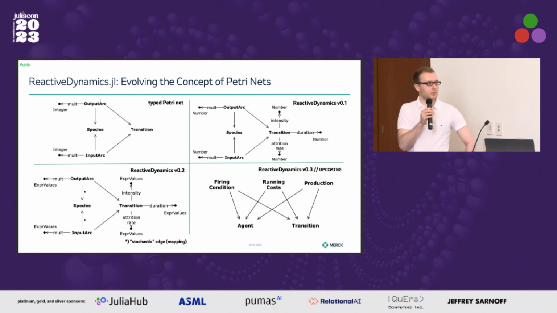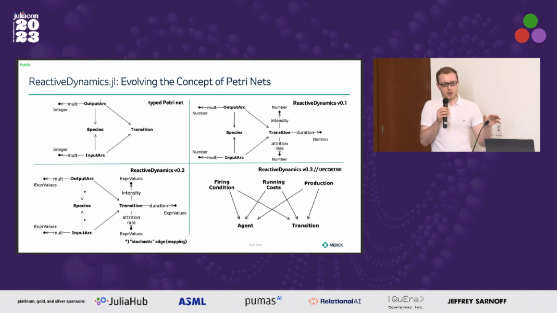The development of this package called ReactiveDynamics took place in several evolutionary steps. We started with Petri nets, where every transition has a left-hand side and a right-hand side.